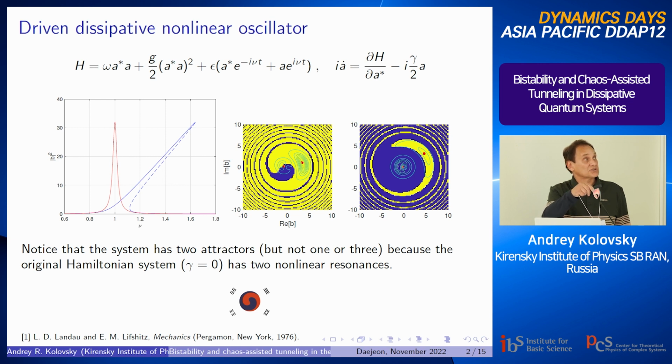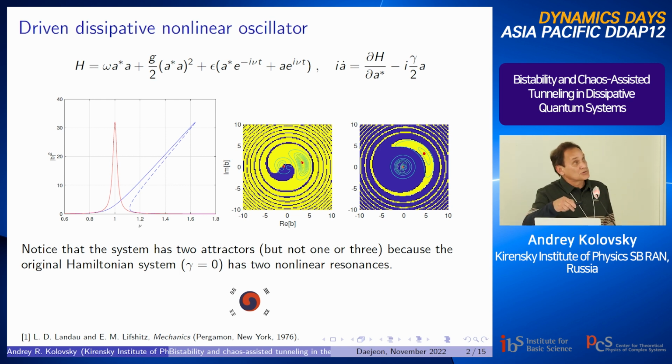One is with high amplitude, which I shall refer to as the upper limit cycle, and the second one with very low amplitude, which is the lower limit cycle.